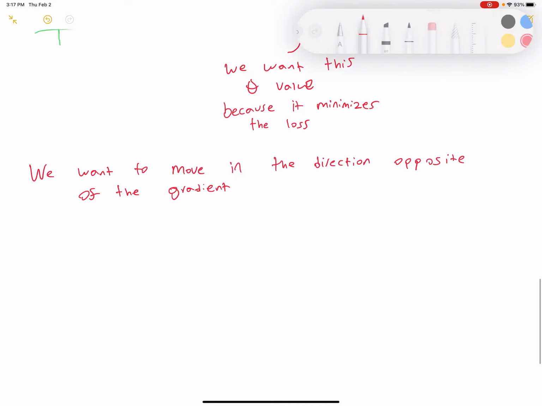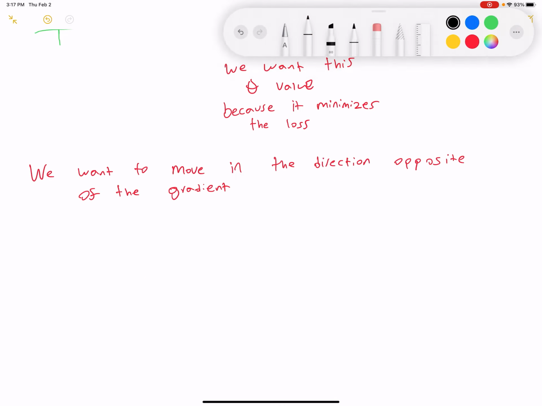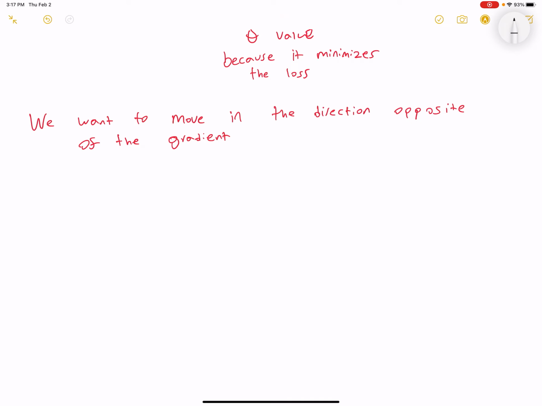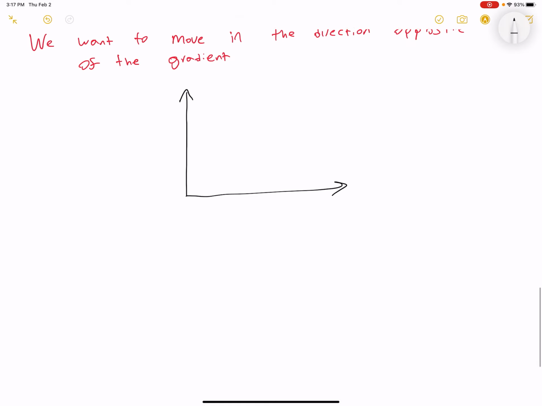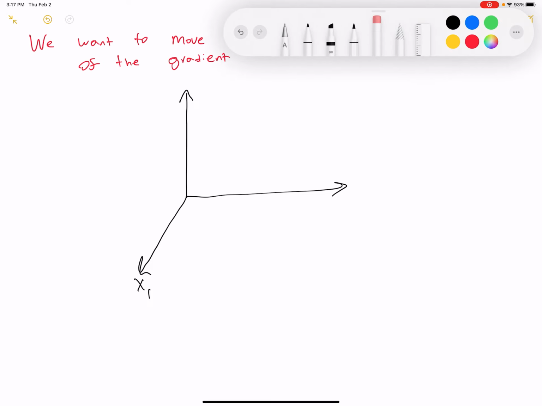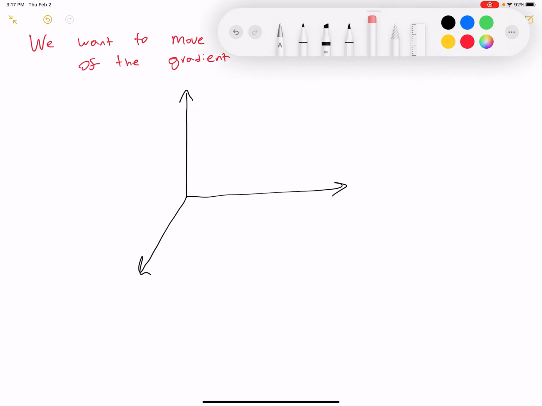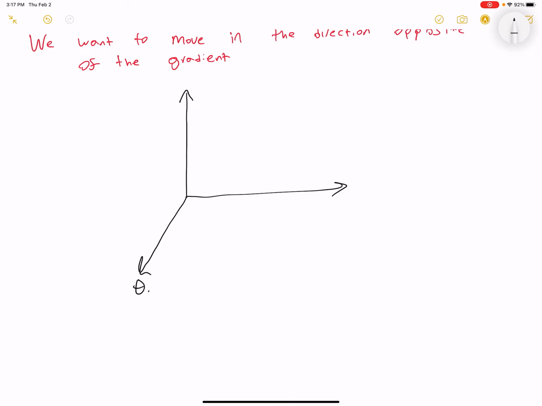So we can just draw this out with multiple variables to make that clear. Here's a pictorial example with parameter value 1, parameter value 2, and loss.